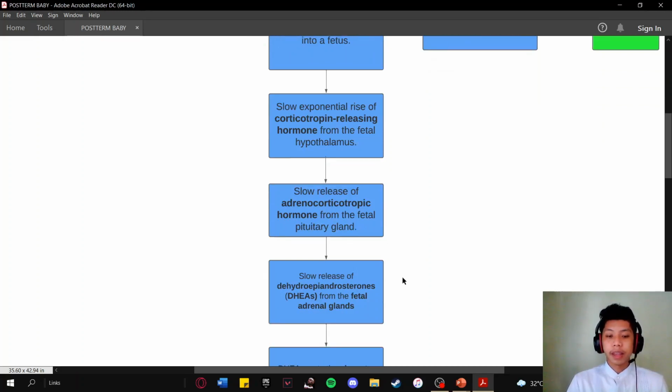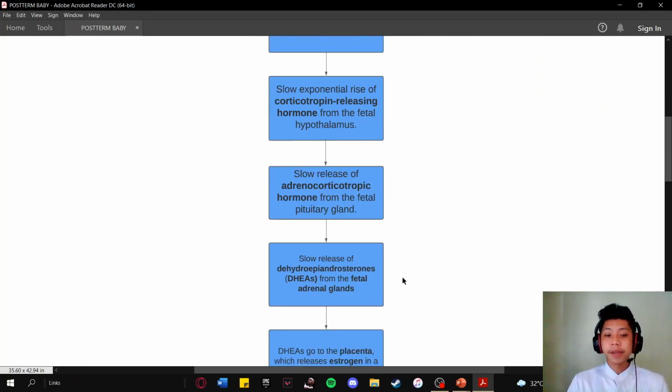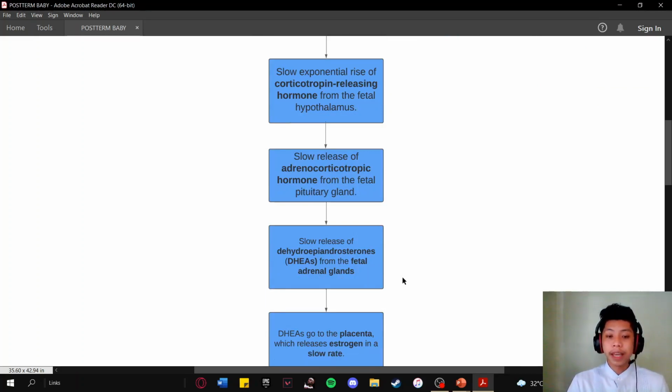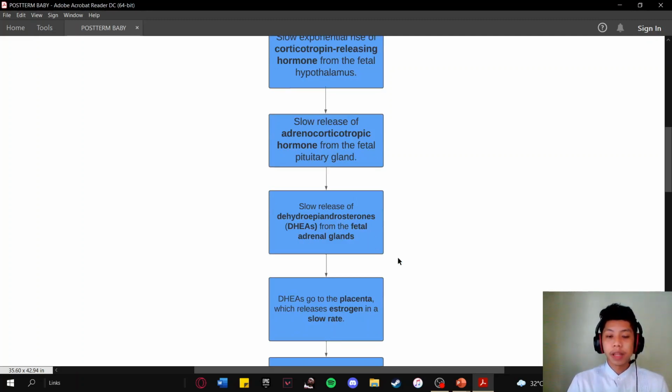Then when there is a release of ACTH, there will also be a release of DHEAs, or dihydroepiandrosterones, which will signal the placenta to release estrogen inside the body of the mother.